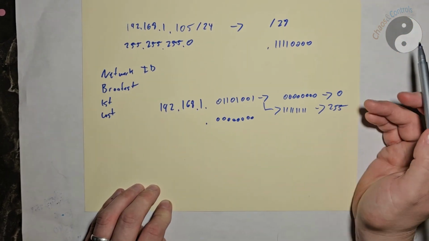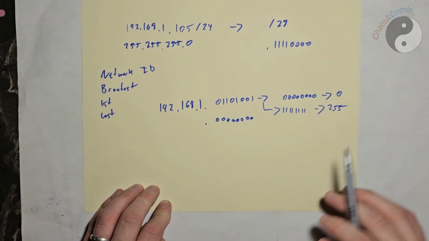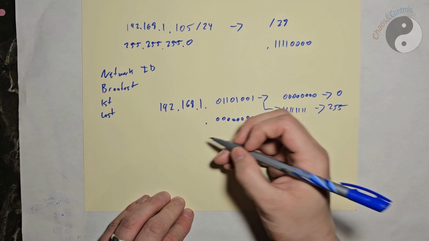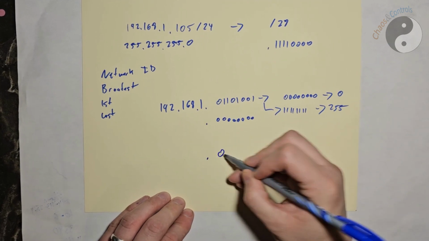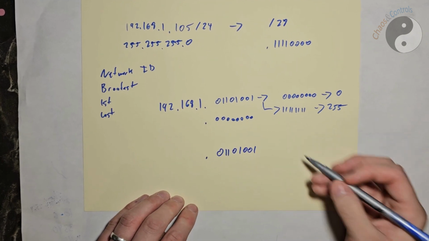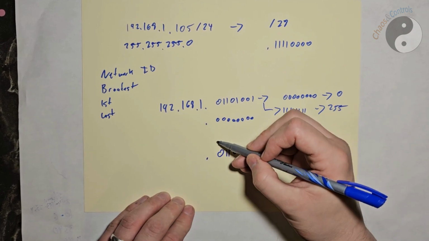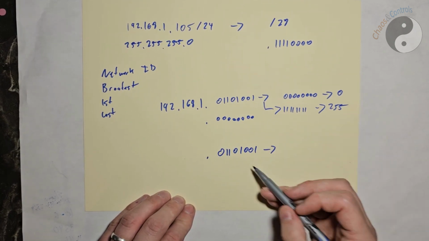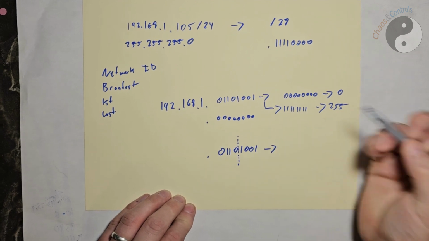So this .105, if I want to know what network it is on, I do the same thing. Remember, 105 we said was 0, 1, 1, 0, 1, 0, 0, 1. The subnet is 1111 with 0000, so I have to draw my line right about there.